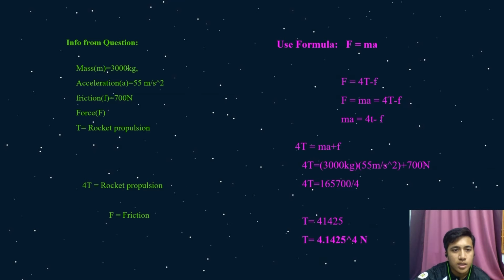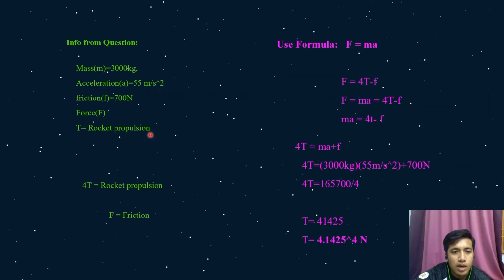So we got the information from the question, where the mass m equals 3,000 kg, acceleration a equals 55 meters per second squared, friction F equals 700 Newtons, and force T equals the rocket propulsion.